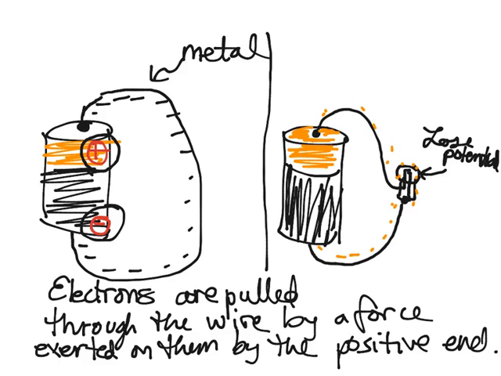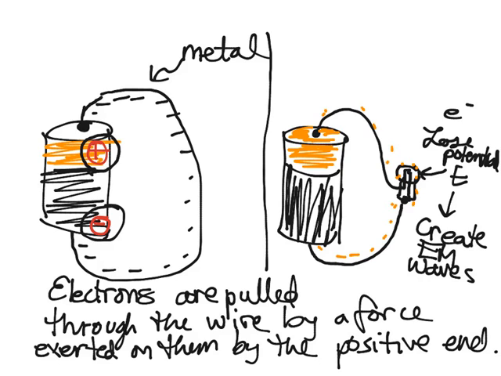So the electrons lose potential energy when they go through a light bulb, and as a consequence, they create EM waves, and it gives off some light. Okay, so this is a very basic explanation of what's going on when we have a battery and we're able to light up a light bulb.